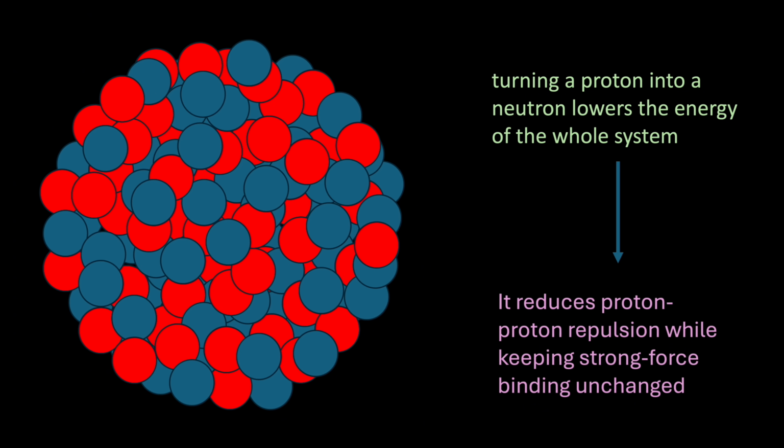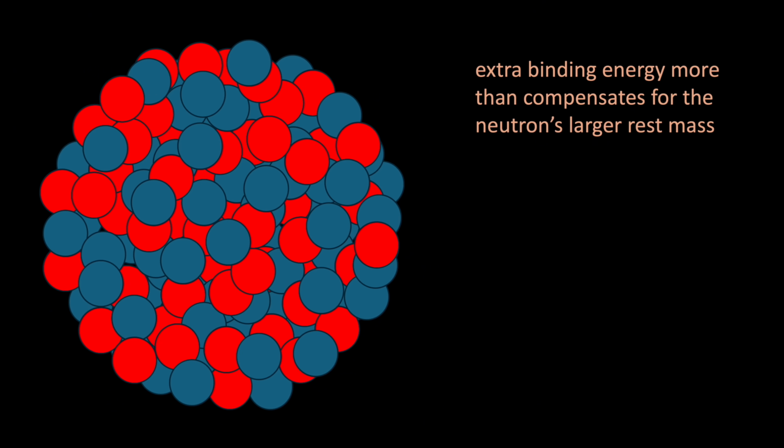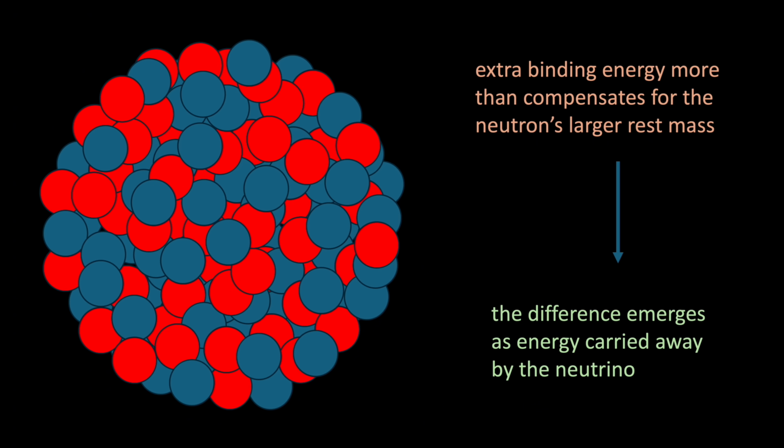Push it past that balance and extra neutrons become costly. Now, that extra binding energy resulting from the proton changing into a neutron more than compensates for the neutron's larger rest mass, and the difference emerges as energy carried away by the neutrino. That's why isotopes like beryllium-7 and iodine-125 can and do decay by electron capture.